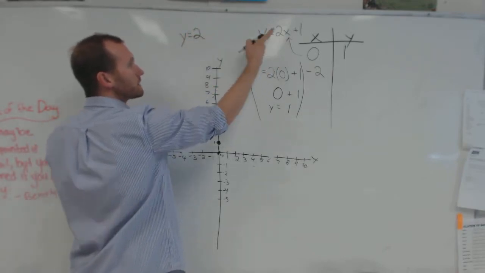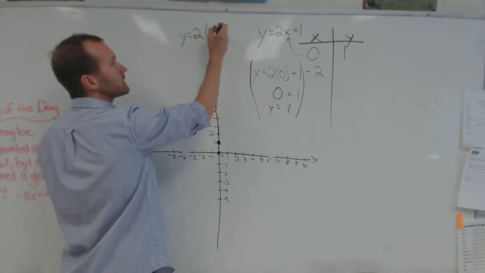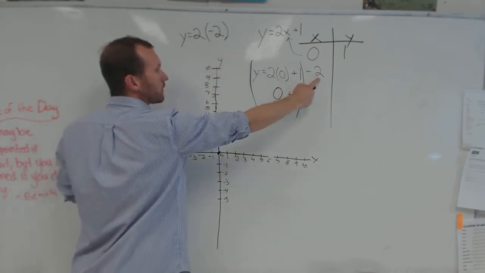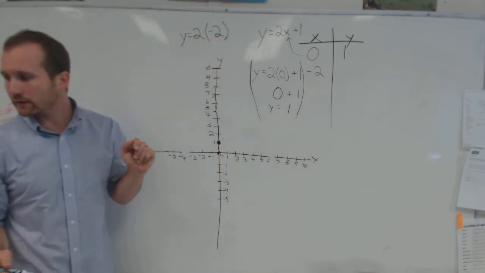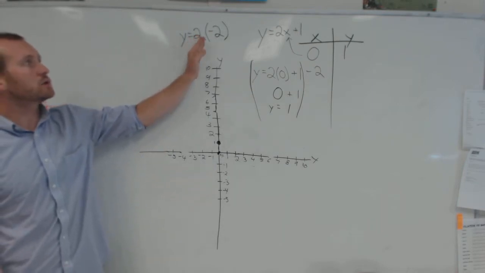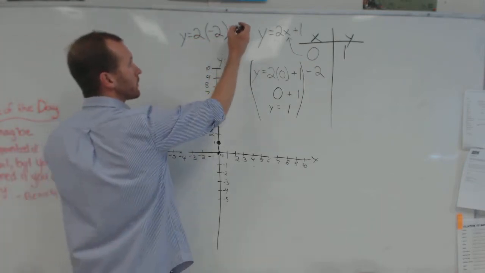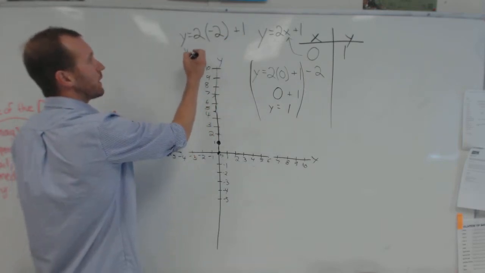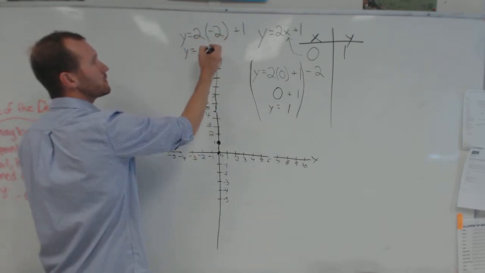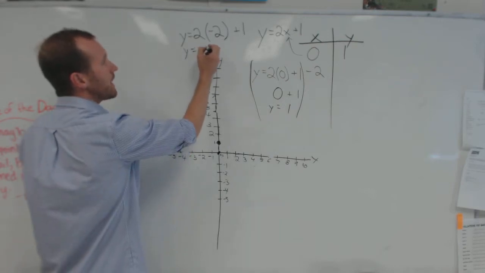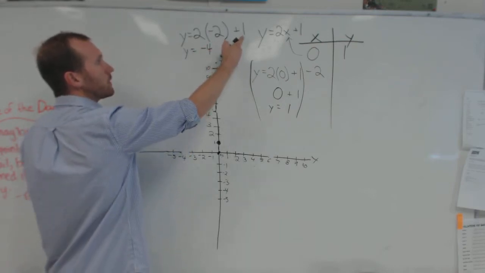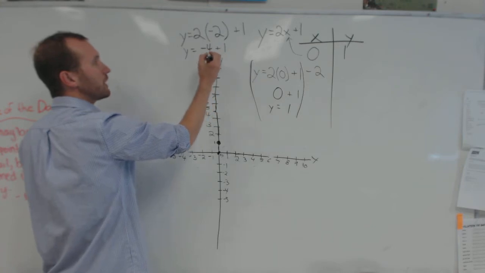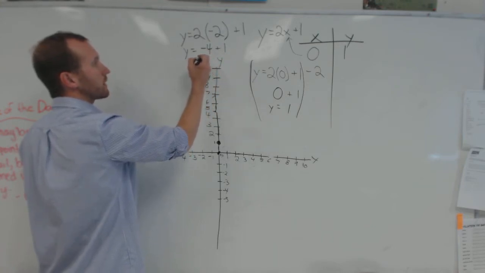When I get to x, I'm going to put parentheses, and I'm going to put the value that I chose for x. So y equals 2 times negative 2 plus 1. Order of operations: 2 times negative 2 is negative 4. Negative 4 plus 1 is negative 3.